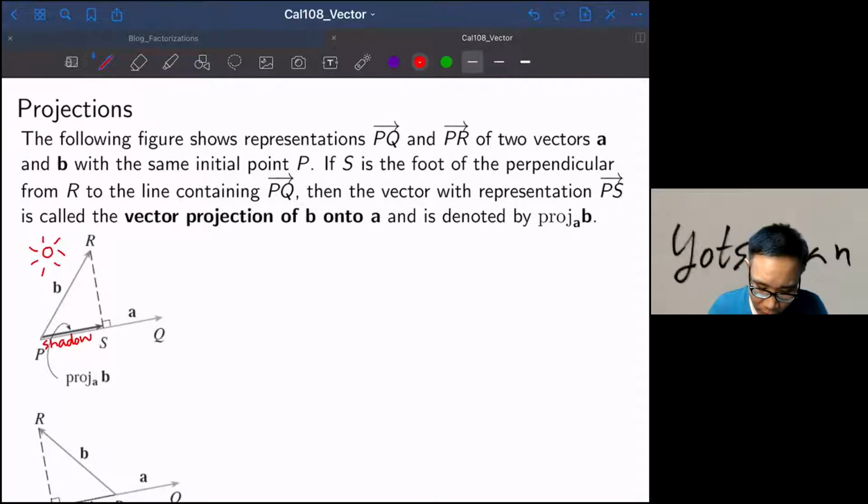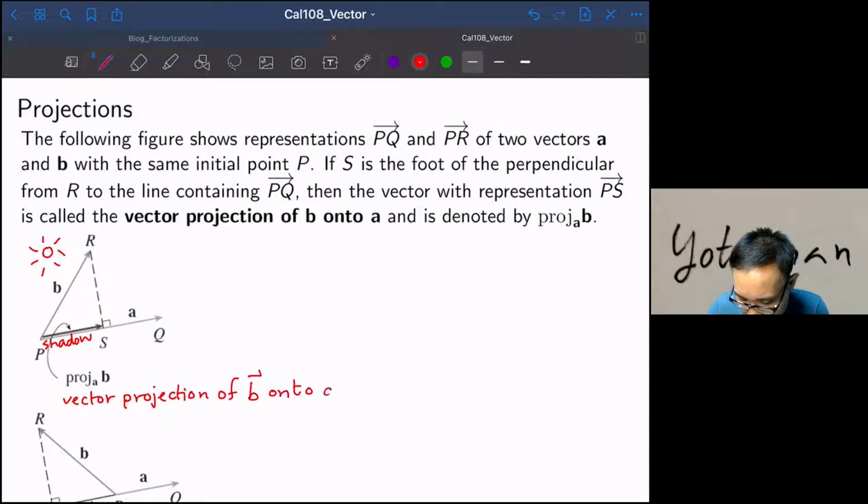This is called the projection vector. Okay, so this is called the vector projection of B onto A.